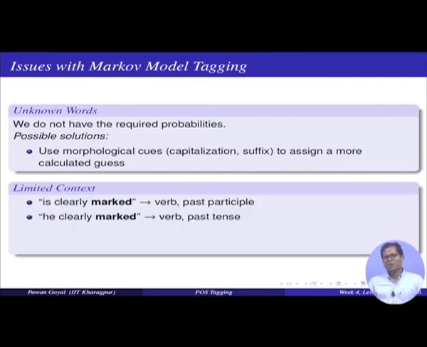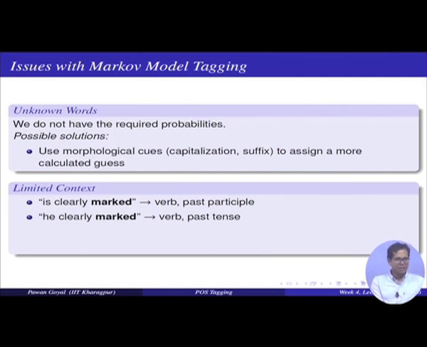Second, we use the first order Markov assumption where each tag depended only on the previous tag. So this does not take care of certain situations. For example, here I have two sentences, "it clearly marked" versus "he clearly marked".